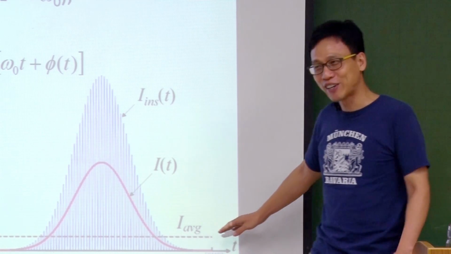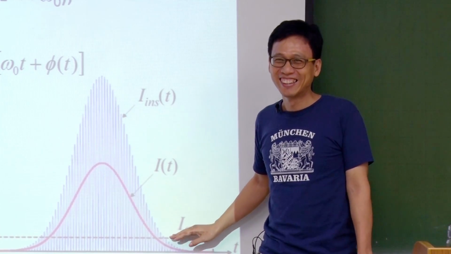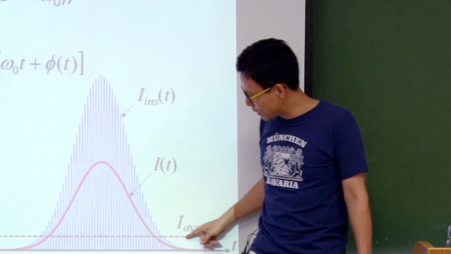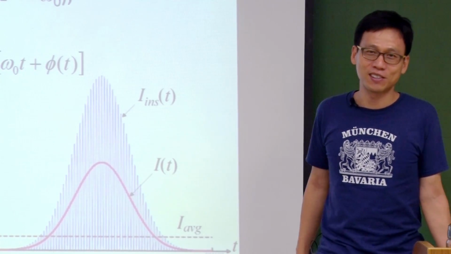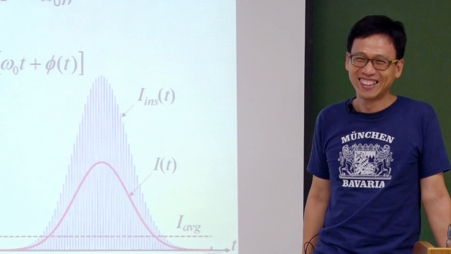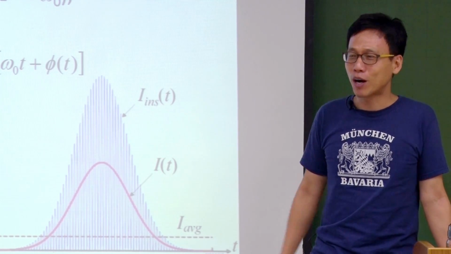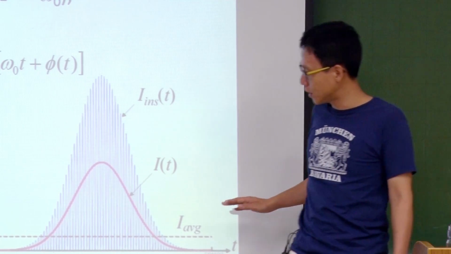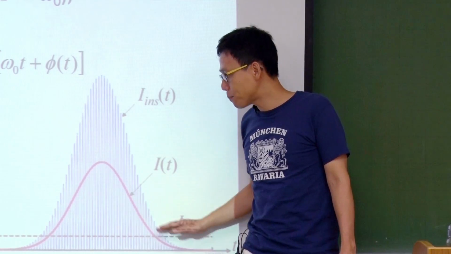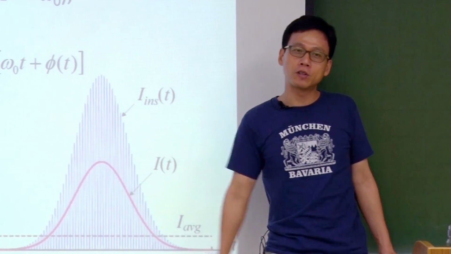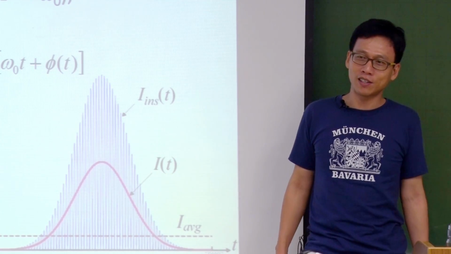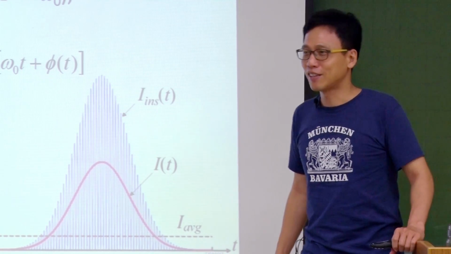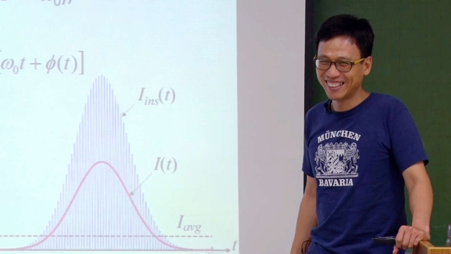We can only measure average intensity, because even the red one is too fast for our photodetector and oscilloscope. So it's a big problem. If you want to know the temporal waveform of your femtosecond pulse, a photodetector and oscilloscope is not a good choice.